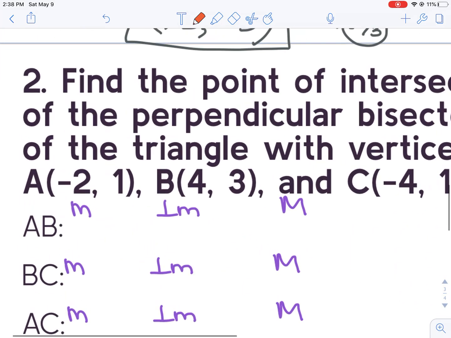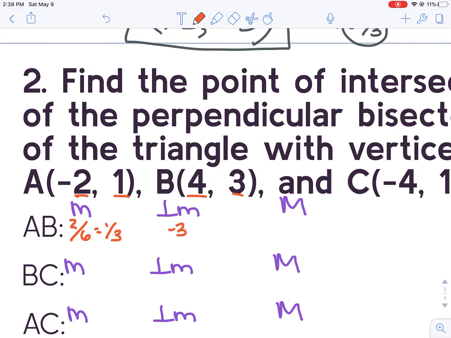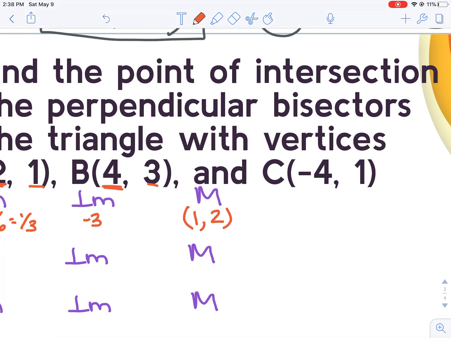So I still need to find the slope, perpendicular slope, and midpoint of each one. So between A and B, my y values are going up 2. My x values are going up 6, so that slope is 1/3, which means my perpendicular slope is -3, and my midpoint is 1, 2. Use your perpendicular slope and your midpoint to write an equation.